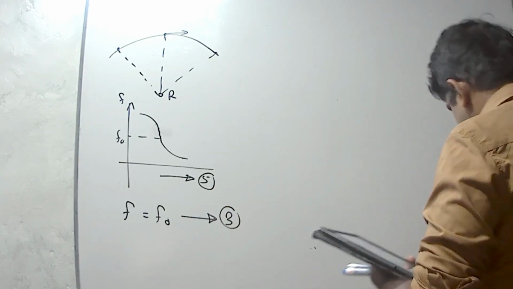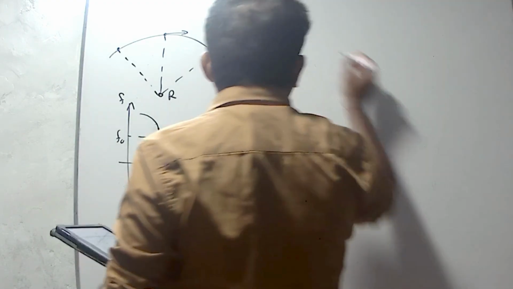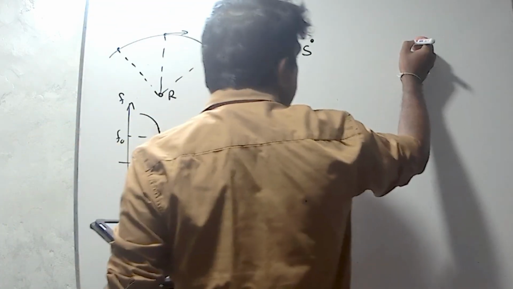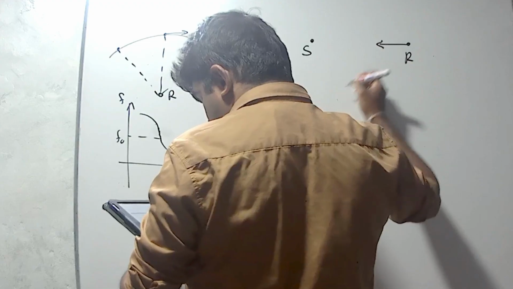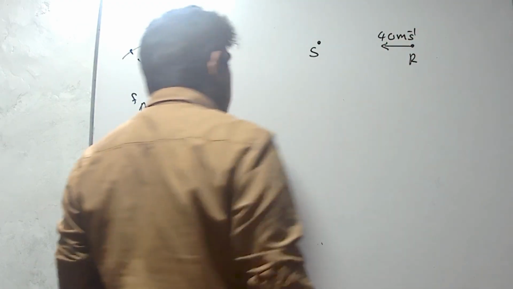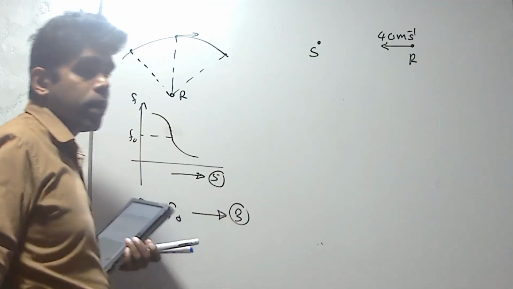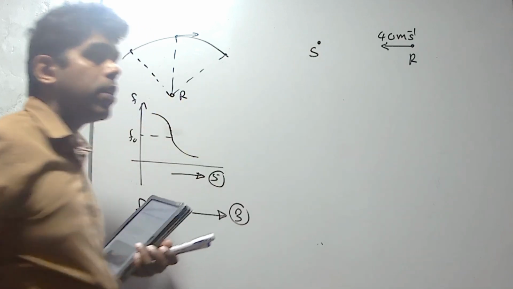The siren is at rest. Therefore, the source is at rest. The receiver is moving towards the source with 40 meters per second speed. This sound source is emitting sound in all directions in a spherical path.